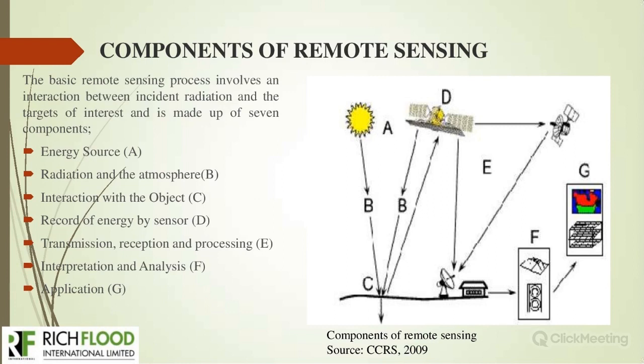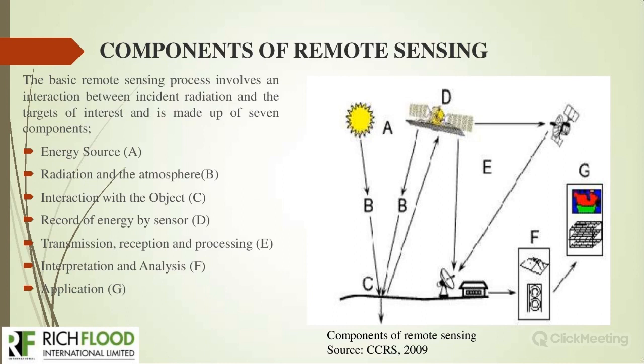And the basic remote sensing process involves an interaction between incident radiation, maybe from a source such as sunlight, and the target of interest, which is on the Earth's surface, which could be our natural phenomenon. It could be the soil, it could be the vegetation, it could be the water bodies on the Earth's surface, and it's made up of 7 components.